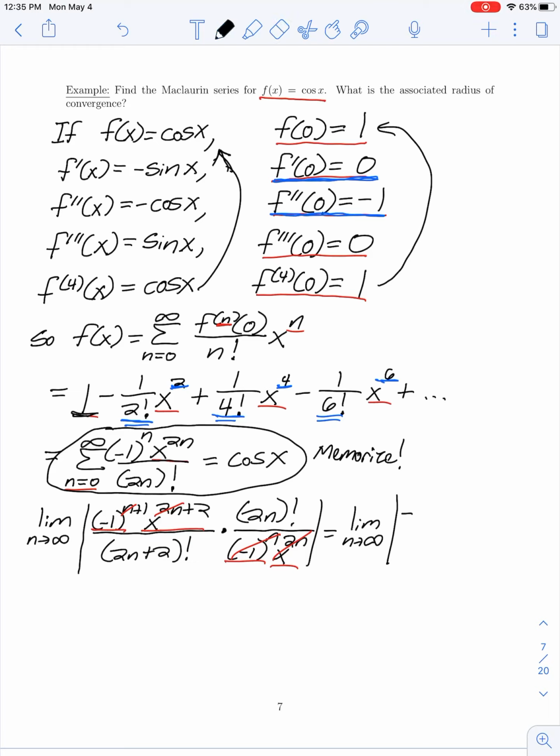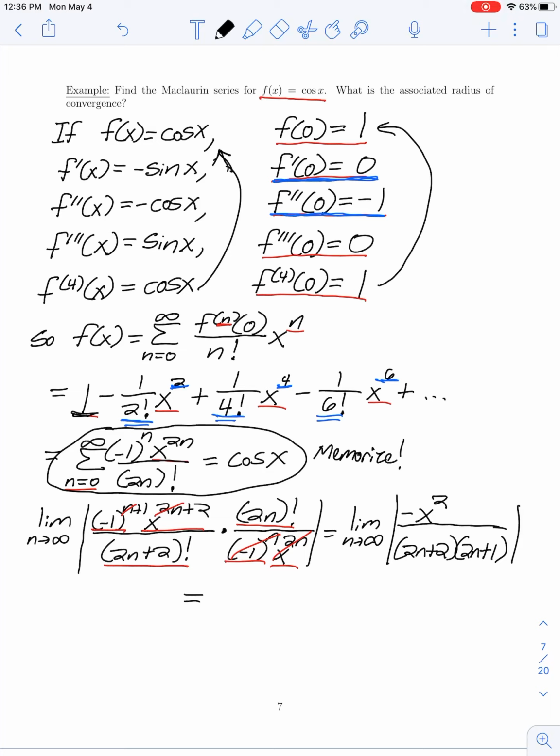So we have a negative 1 x squared. And then our ratio of the factorials, 2n factorial over 2n plus 2 factorial, leaves us with a 2n plus 2 times 2n plus 1 for our denominator.